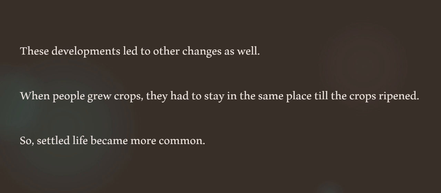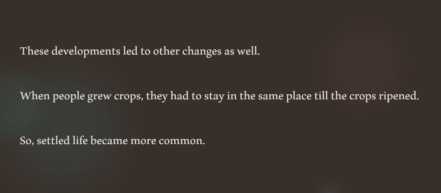And slowly there was a change in developments. These gradual developments led to other changes as well. They started producing crops and depending on that particular crop and extending their agriculture system. In this way, settled life became more common in most places.